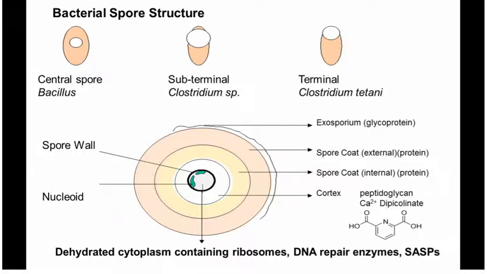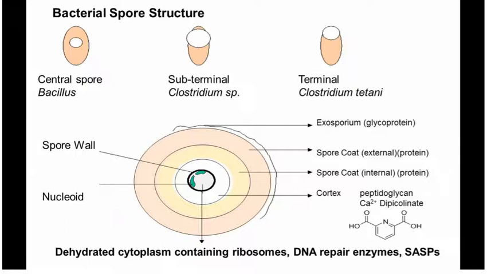So first I'll talk about the structure of the endospore, then about how spores are generated, and then how spores are reactivated. Okay. So let's think about the structure first.